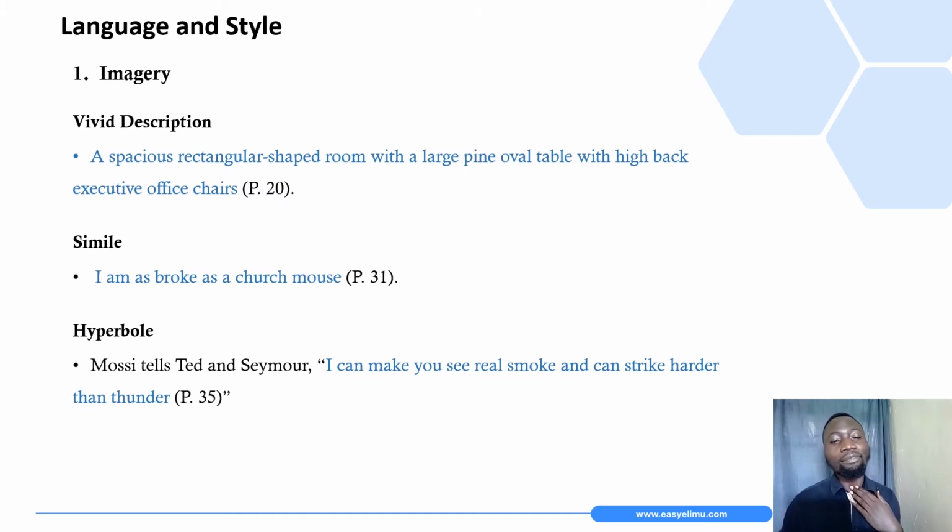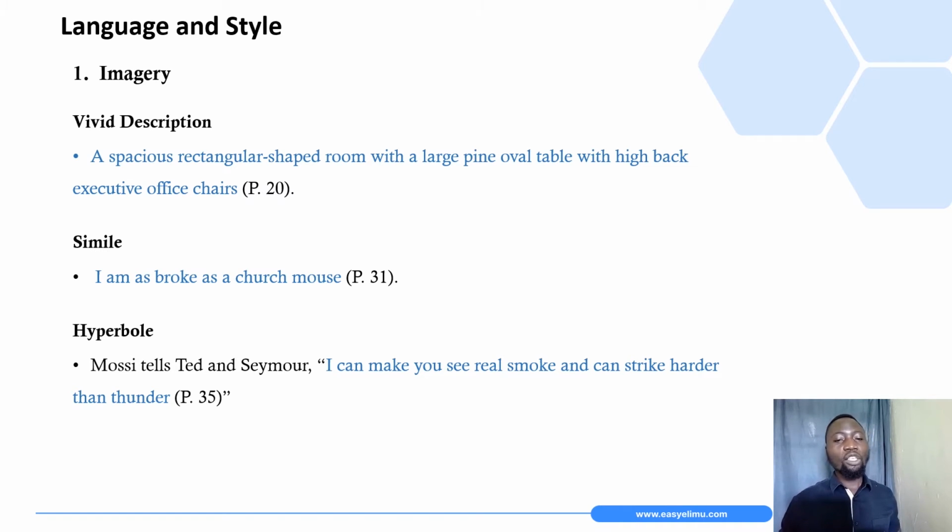We also have another style under imagery called simile. Remember, this is a comparison done by using words like 'like' and phrases like 'as... as'. So we compare qualities of two different things using 'like' and 'as... as'.